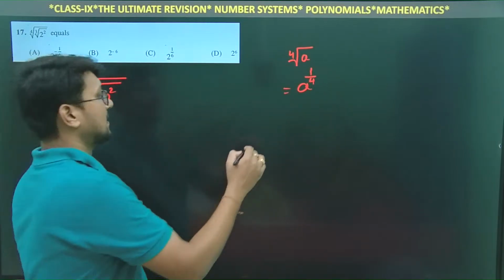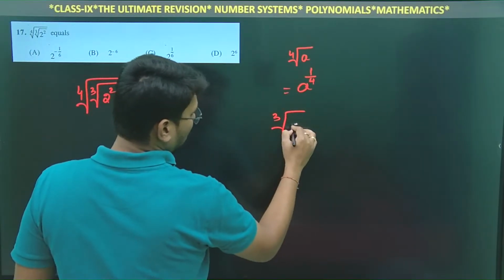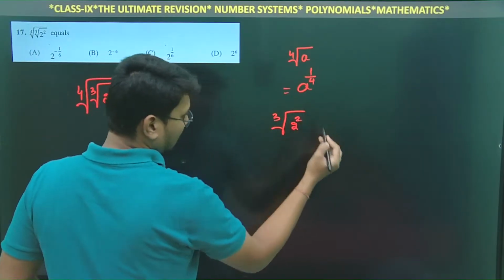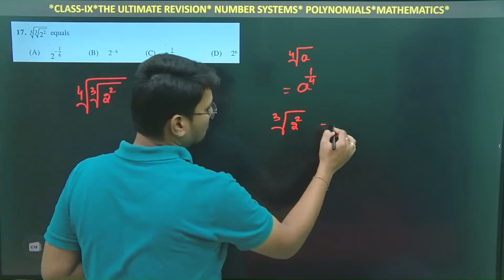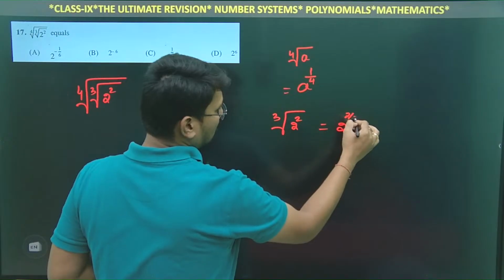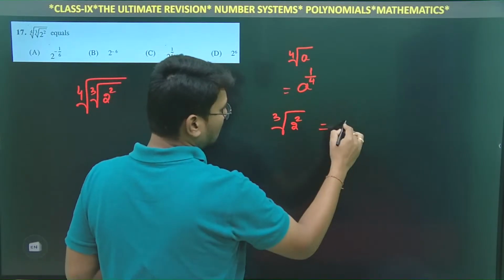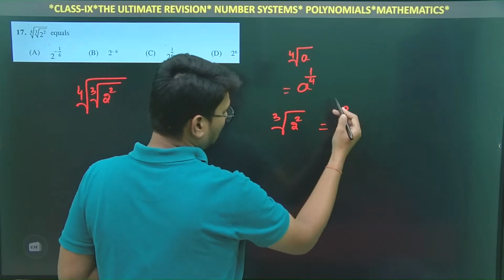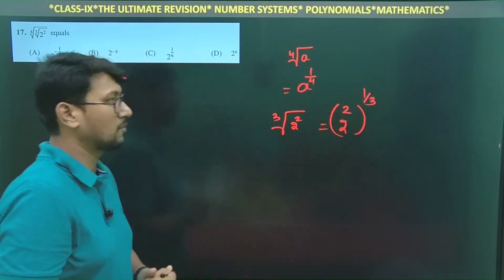Clear? Okay, similarly, now cube root of 2 square is given. So cube root of 2 square is what? 2 to the power 2 by 3, or what? 2 to the power 2 whole to the power 1 by 3, we can say.